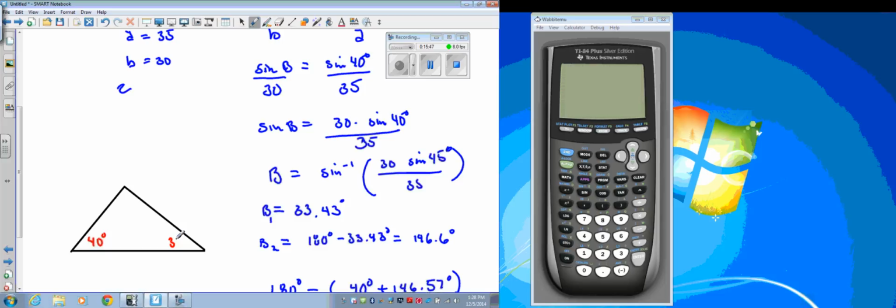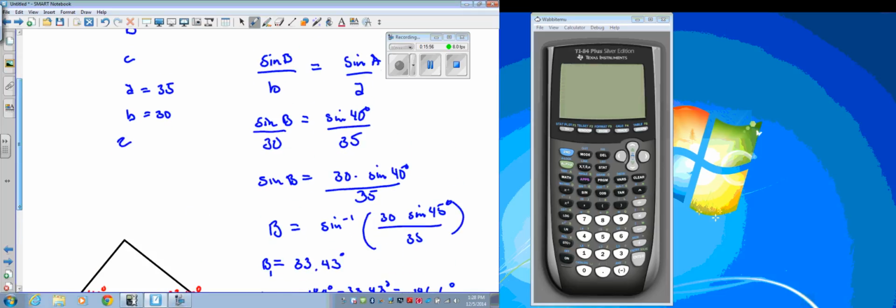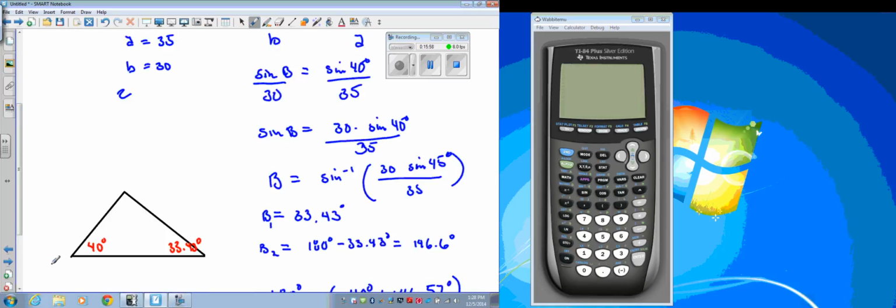This one would be 33 point whatever that one was, 43 degrees. And this is A. So this is the 35. And this one was B, right? And this is 30. And that's C.